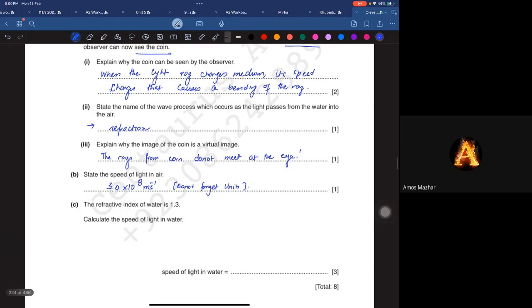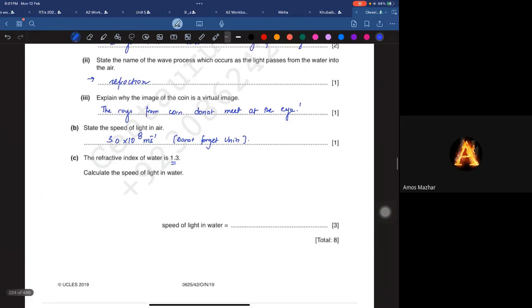Now it says the refractive index of water is 1.3. Calculate the speed of light in water. Do you guys know any formula related to that? The refractive index is equal to the speed of light in air upon speed of light in medium. Okay. Can you please find the speed of light in the medium?